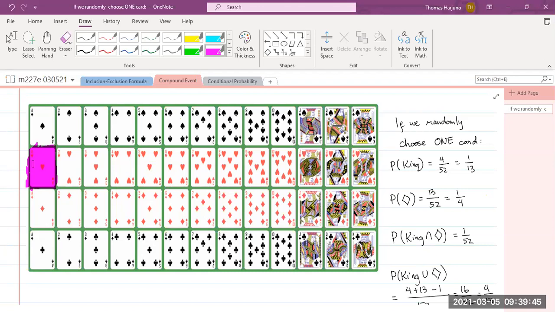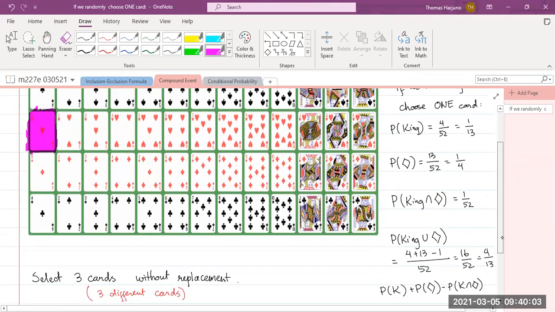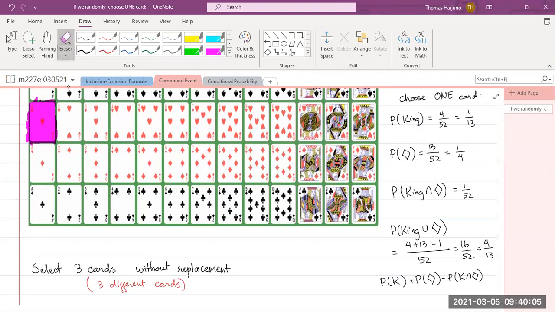The effect is that you will not be able to select the same cards again, so the cards you select must be different. There's no possibility of selecting the same card again. That's why one of the hints of without replacement is the word different.